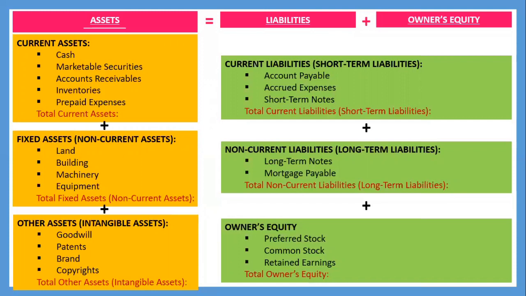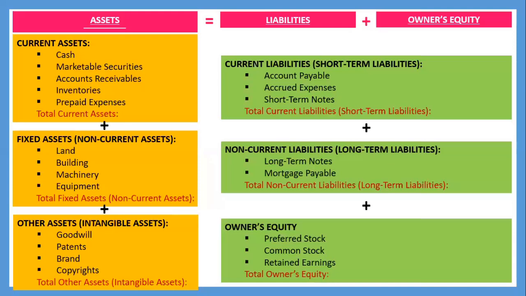So under assets, you should categorize the accounts, whether it is under current assets, fixed assets, or other assets. On the liabilities side, you also need to categorize the account, whether it's under current liabilities or short-term liabilities, or non-current liabilities, or long-term liabilities. Plus, you have your owner's equity.